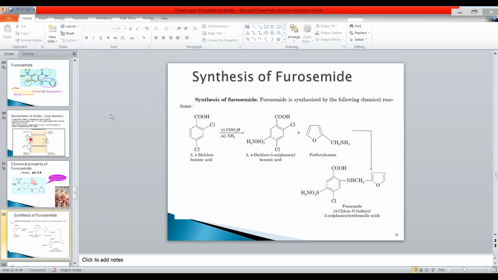So yesterday I sent the syllabus for your sessional. Your medicinal chemistry 2 sessional is on the 24th. I would prefer you coming online over here in the GoToMeeting app and writing the sessional. This time you will switch on your cameras and I will switch off my camera. I would like to see all 60 of you writing the sessional in front of me.